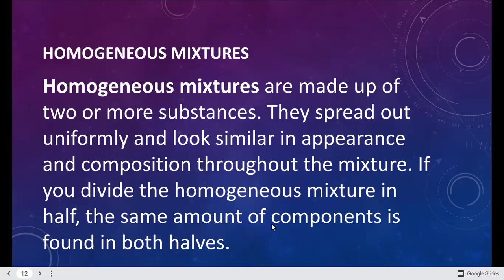Meaning to say that if you have 1 liter of that mixture and you divide it by half, 500 ml, the same amount of the components are in those 500 ml. That's a homogeneous mixture, meaning the components are evenly distributed.